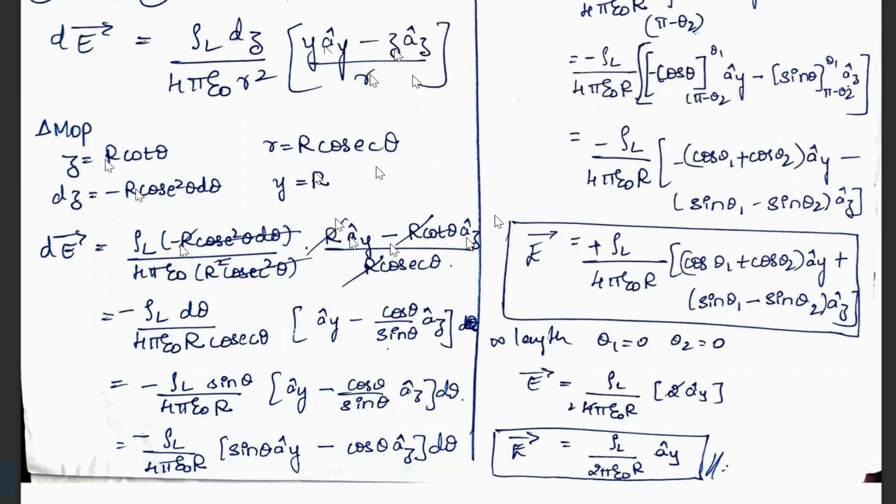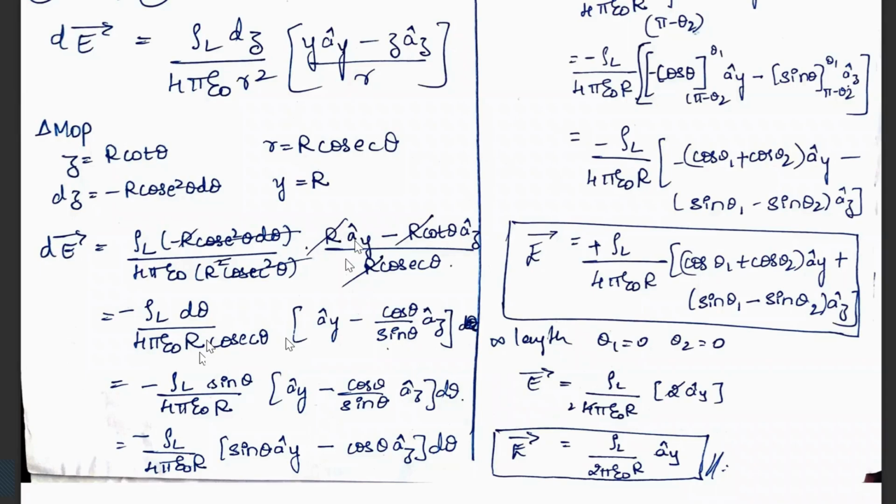Here, R and R square get cancelled, cosecant square theta and cosecant square theta get cancelled, d theta remains, and R taken common from the numerator and denominator cancels out. Remaining is minus rho L d theta divided by 4 pi epsilon naught, this R remaining and cosecant theta.